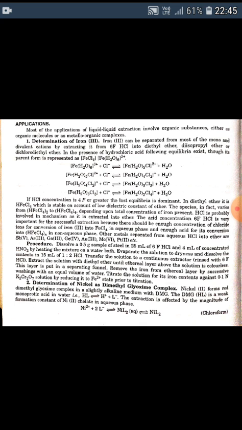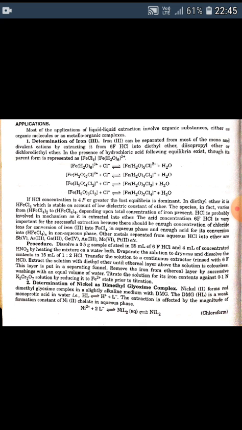The acid concentration 6F HCl is very important for the successful extraction because there should be enough concentration of chloride ions for conversion of iron 3 to FeCl4 in aqueous phase and enough acid for its conversion into (HFeCl4)n in non-aqueous phase. Other metals which are separated from aqueous HCl into ether are arsenic 3, gallium 3, germanium 4 and so on.